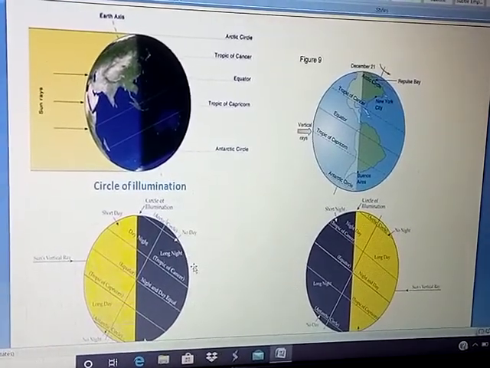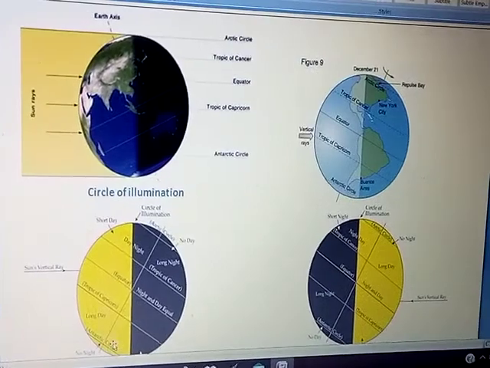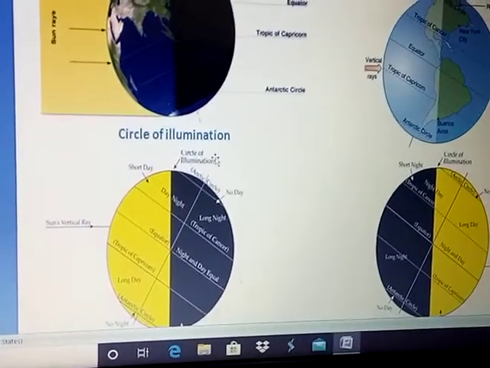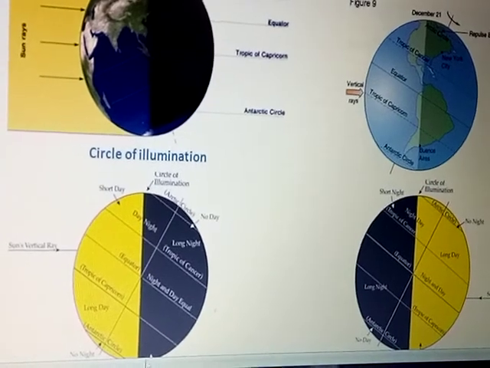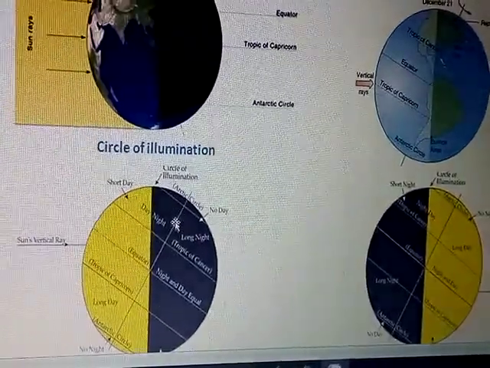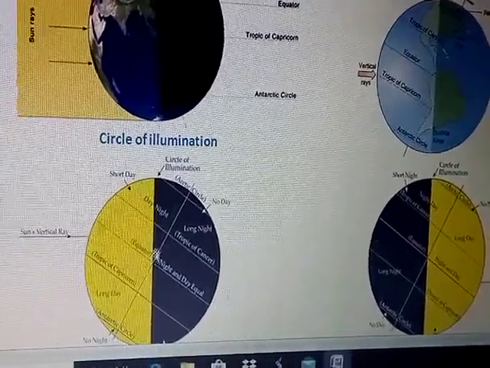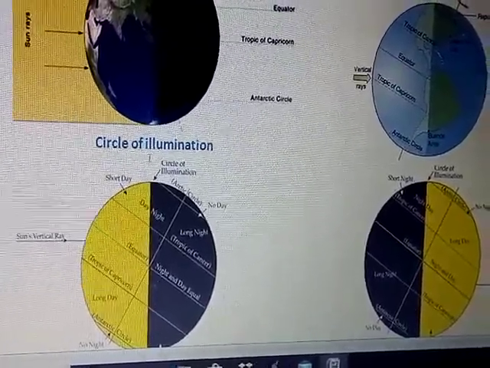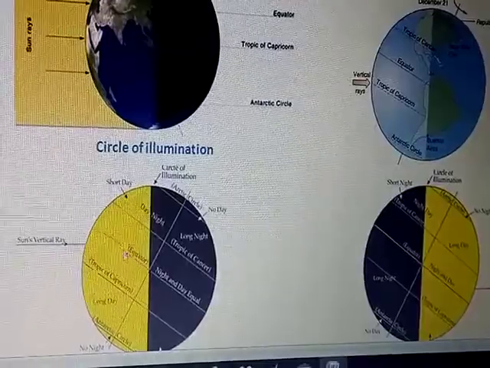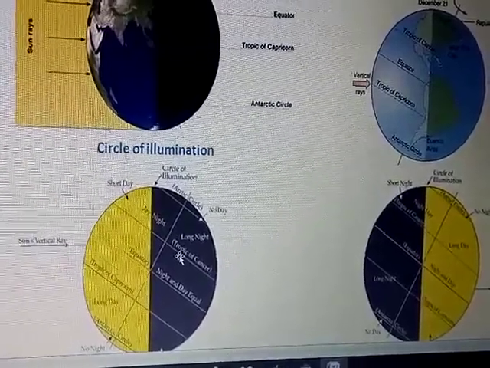You should be very, very clear in your mind that the axis doesn't make the circle of illumination. The axis makes the center of the earth, whereas the circle of illumination divides the earth into two parts, the day and the night.